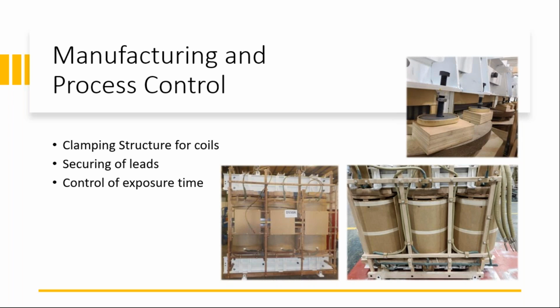Those things ensure that the magnetic center of the coil is the same. Exposure time is also very important, because we have achieved 0.5% moisture in vapor phase drying, and whatever time the job is exposed when we service it, before it goes to the tank and goes to the vacuum process, it has absorbed some moisture.